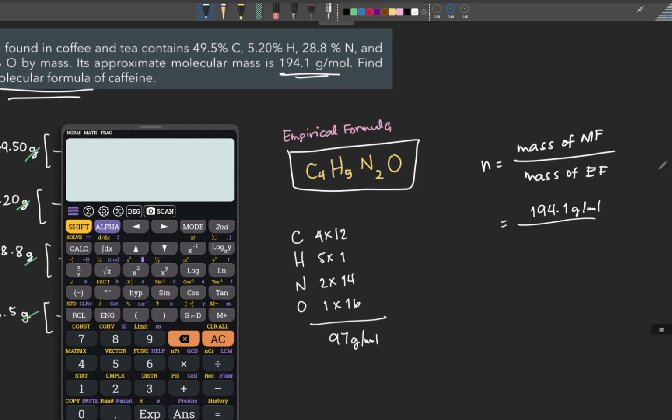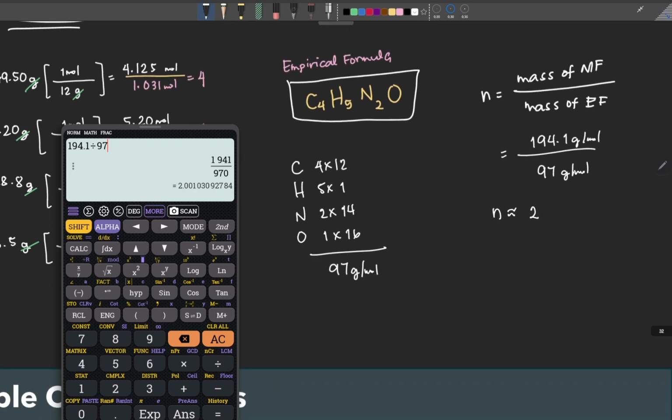That's from the given. Here, divided by 97 gram per mole. So N is 194.1 divided by 97. So 2. So N is 2. So we'll use that to multiply our empirical formula C4H5N2O times 2.